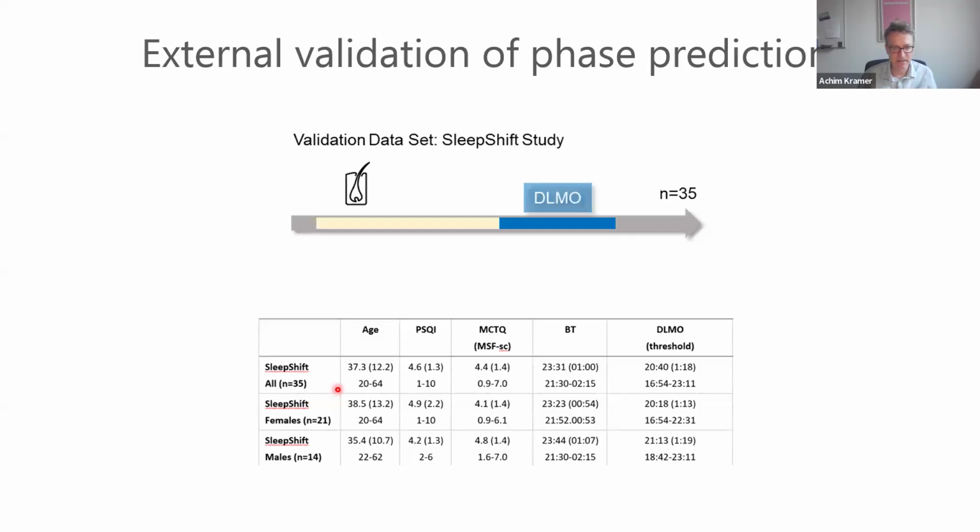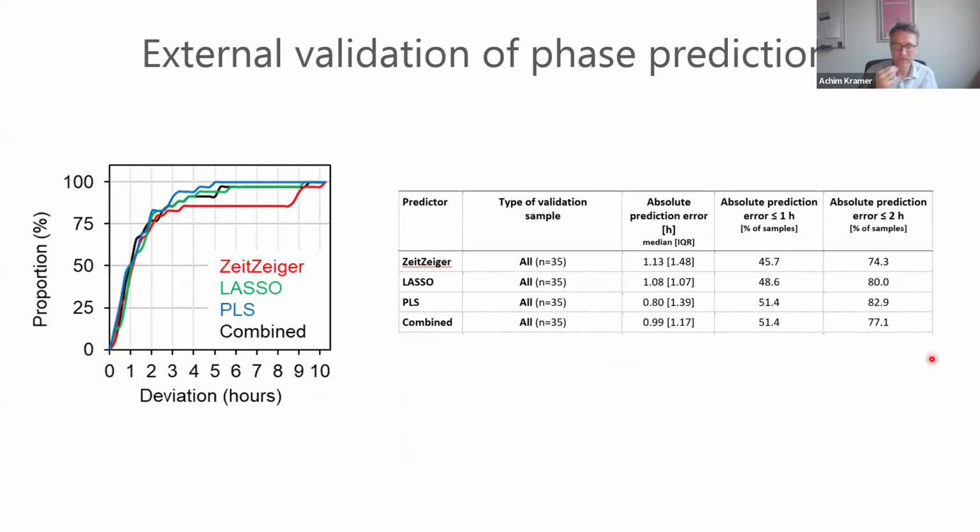Here you see average age 37 years and so on, relatively normal DLMO between 8:30 and 9 o'clock, 21 females, 14 males.